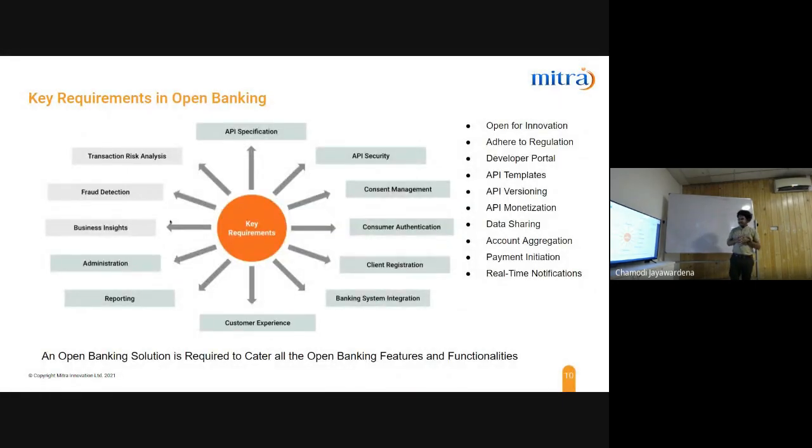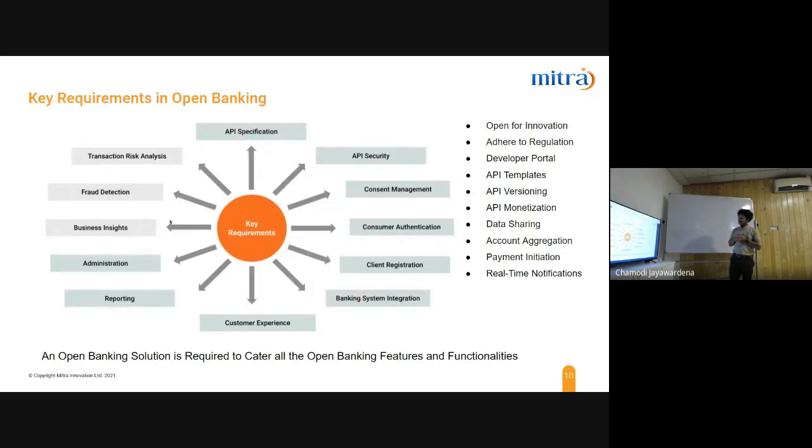So we have seen that open banking has a set of requirements. Now we know that we have the bank and a technology provider, and that technology provider should cater to certain requirements. That's not mentioned here. So the key requirements of open banking: the API specifications will be provided by the regulator, and the API should be exposed in a secure manner. The customer should give consent for the third-party provider to make the payment on his behalf, and the third-party providers have to be registered on the bank side.